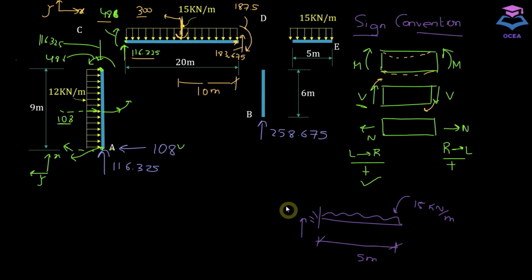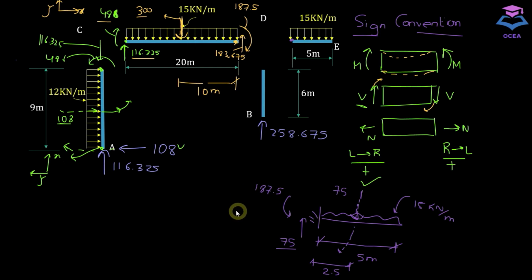If you calculate the reactions here, you will obtain the internal forces at this point. 15 multiplied by 5 gives the resultant point load, and it's coming out to be 75. And if I calculate this reaction, this will be 75. And the moment produced here will be equal to 75 multiplied by 2.5, which is 187.5.